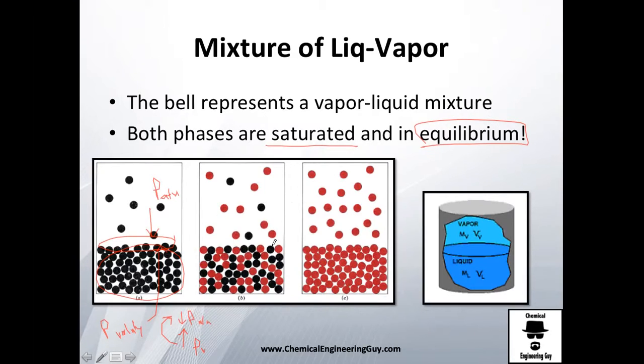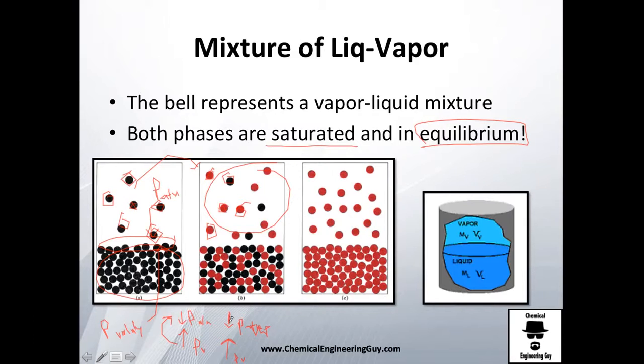But as you keep doing that, these guys are going to get more in quantity. You're going to increase the number of vapor molecules. Before, it was the pressure of volatility versus the pressure of the atmosphere. Now it will be the pressure or partial pressure of the vapor.